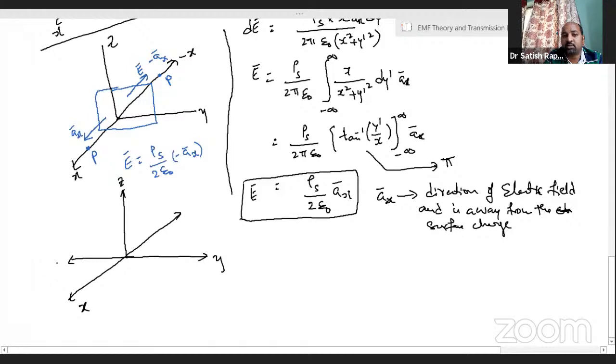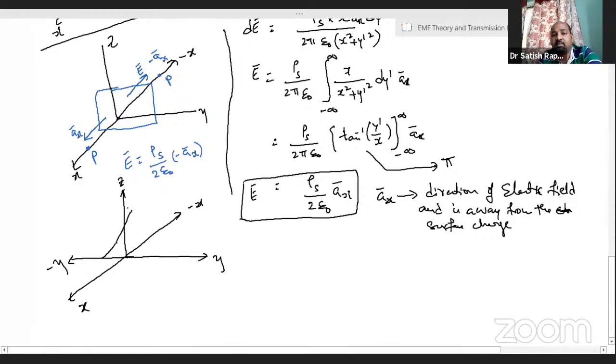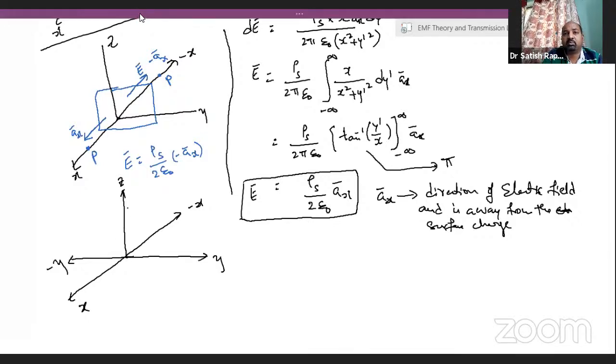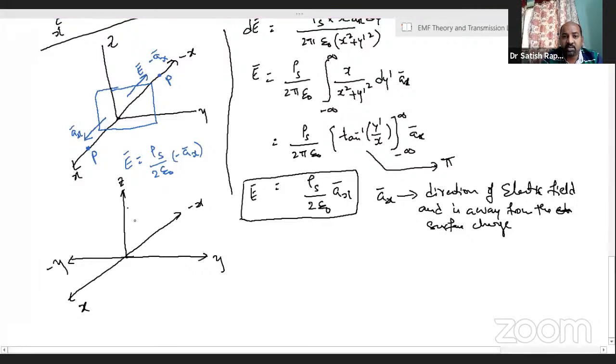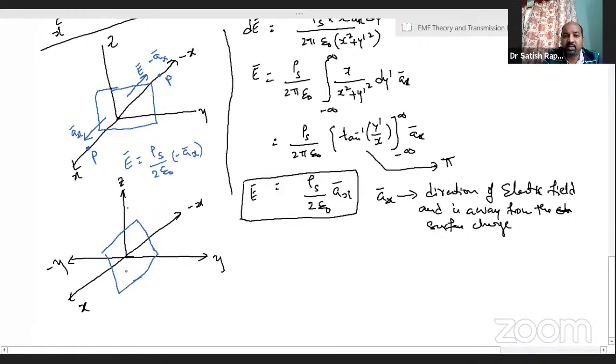this is minus y, this is minus. Now if you consider a surface on the xz plane like this, so this is the surface on the xz plane, right?